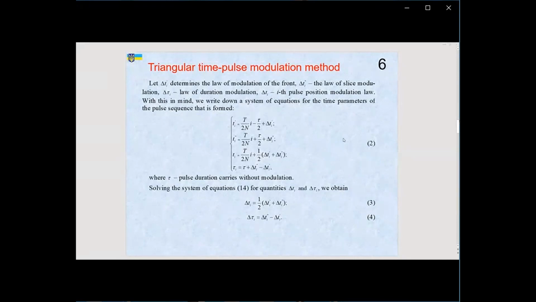With this in mind, we write down the system of equations for the time parameters of the pulse sequence that is formed. Solving the system of equations for delta t i and delta tau i, we obtain expressions 3 and 4.